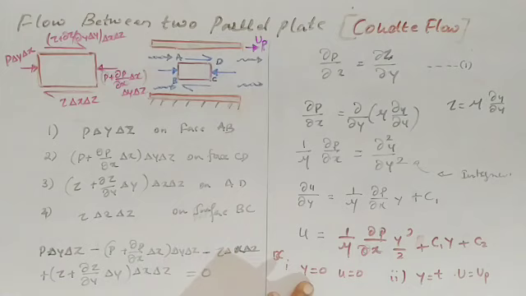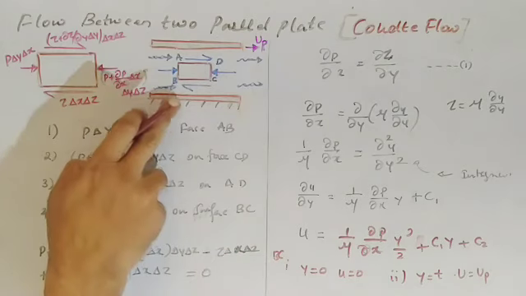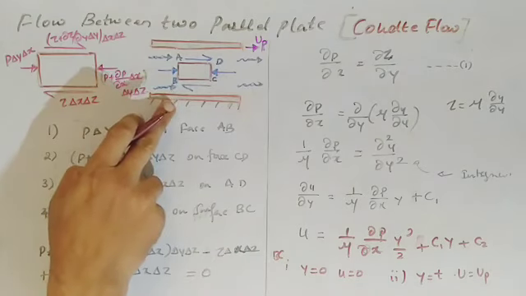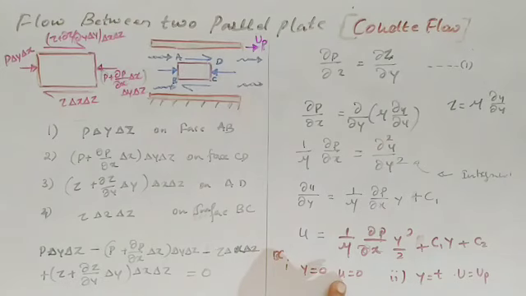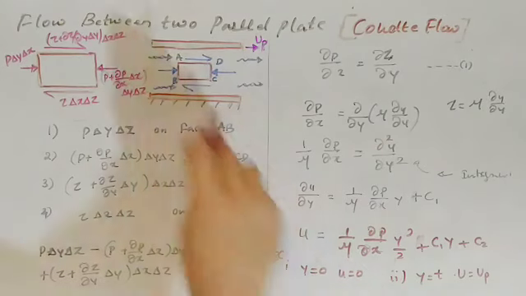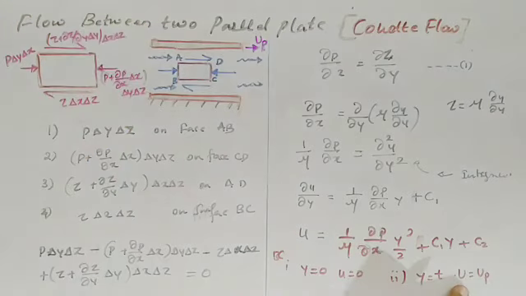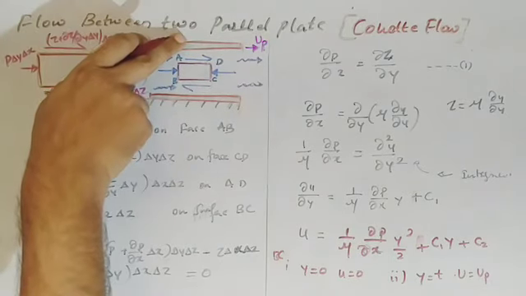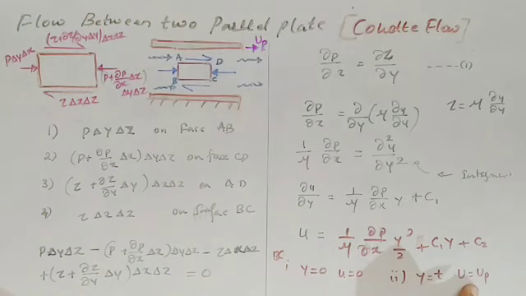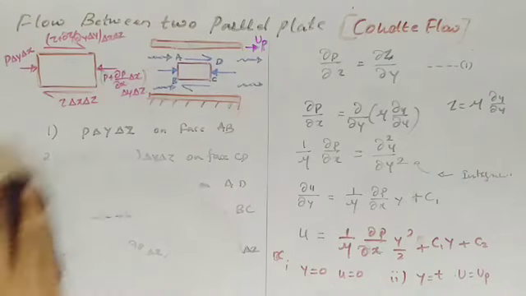When y equals 0, at this end, the plate is not moving, so u will be 0. When y equals t, separated by distance t, the upper plate will be moving with some velocity Up, so u will be equal to Up.